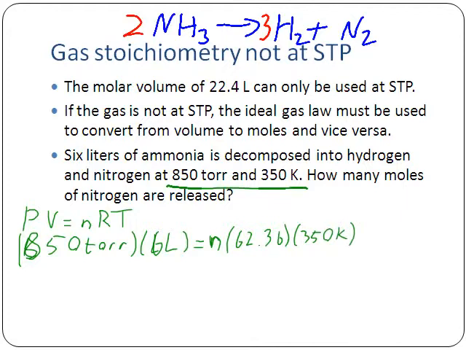Okay? And so doing this, you can solve for the number of moles. And so in this case right here, to get that, we'd say 850 times 6 liters. And then we got to divide by the 62.36 and the 350 to get this to work. So divided by 62.36 and then divided by 350 Kelvin.